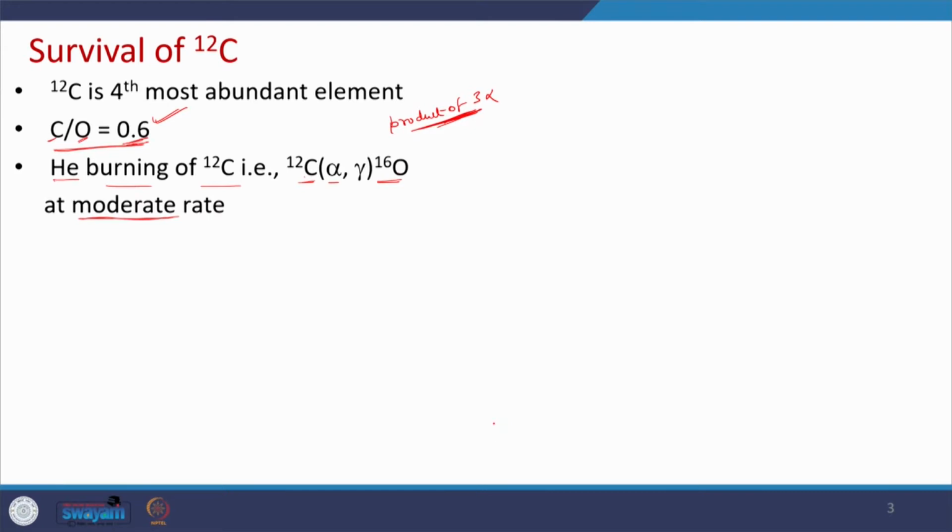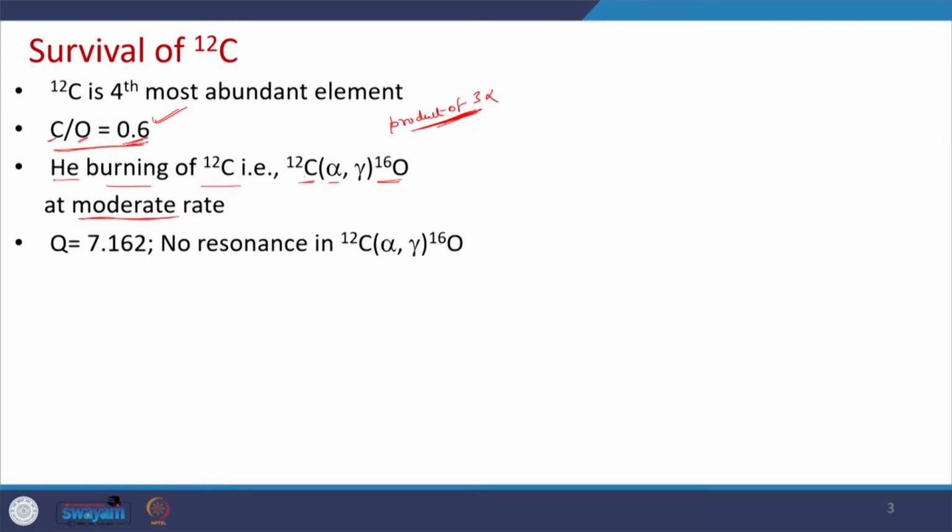So, it is logical to assume that if carbon 12 is the direct product of the triple alpha process, then the rate with which alpha plus carbon 12 proceeds should be moderate. If it evaporates quickly, then it is difficult to maintain this ratio. All right, and we know the rate with which the triple alpha process takes place in the star.